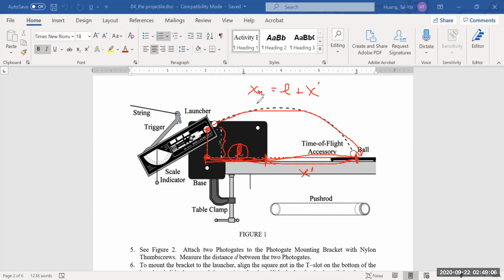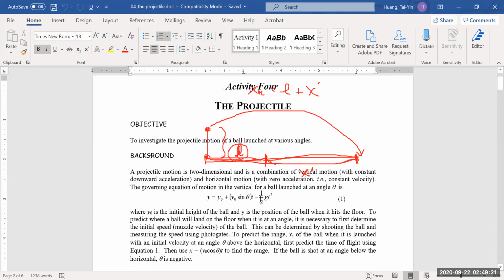You're going to have a collection of data points for this projectile motion, and with the time information, we're going to use the equations of motion, this equation.